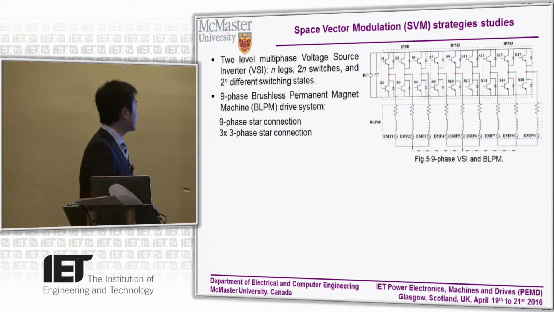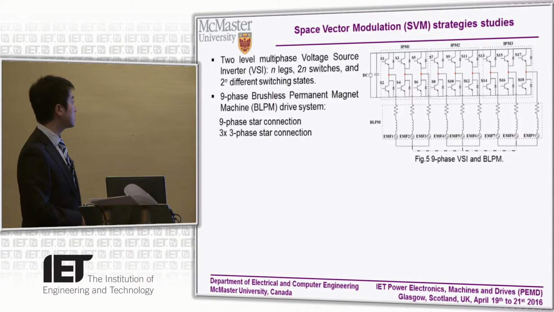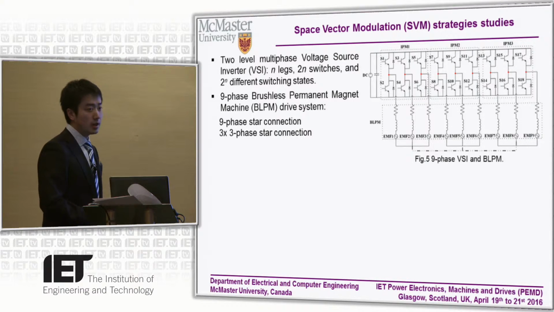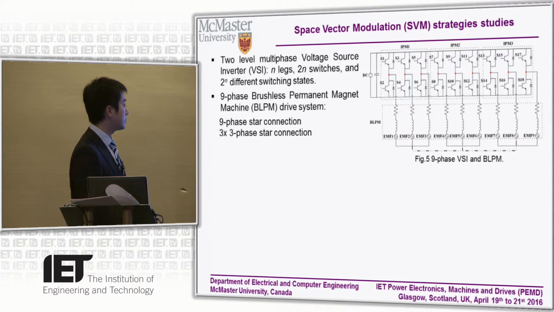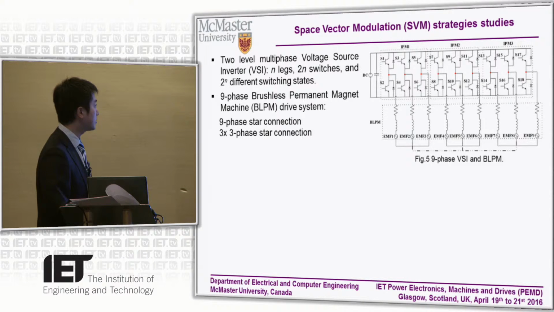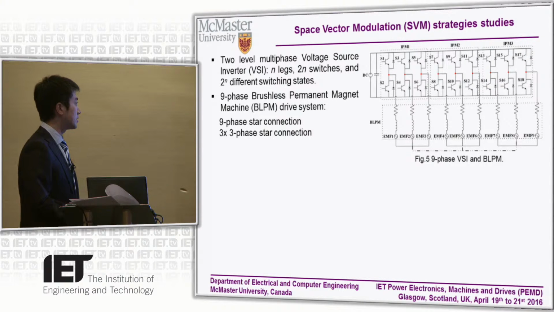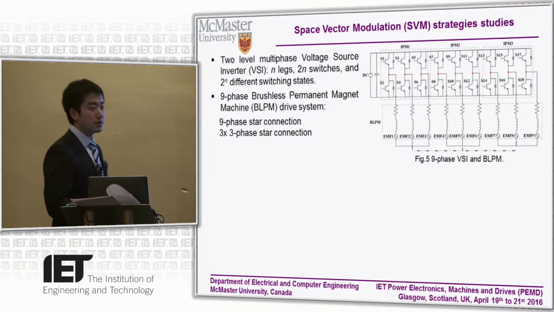In this paper, we use a nine-phase brushless permanent magnet machine drive system to simulate and validate the theoretical study. There are two different connection topologies. The first topology is a nine-phase star connection. There is only one star. All the nine phases go to one neutral point.